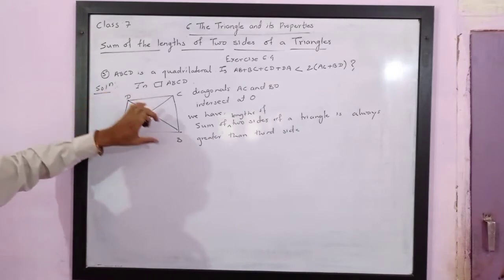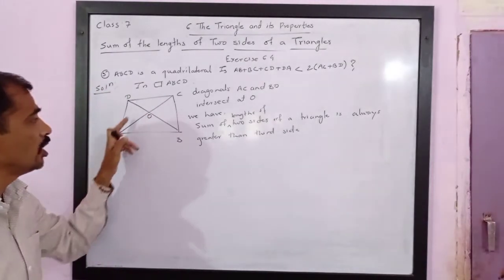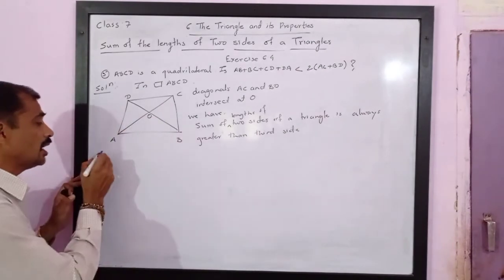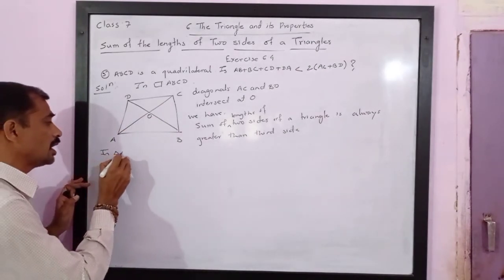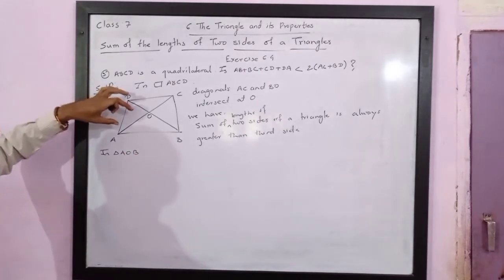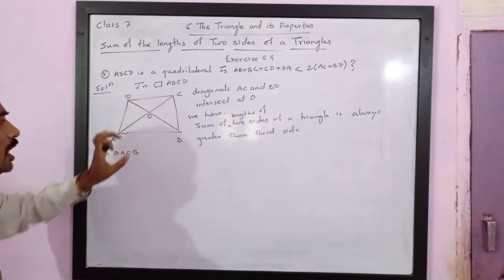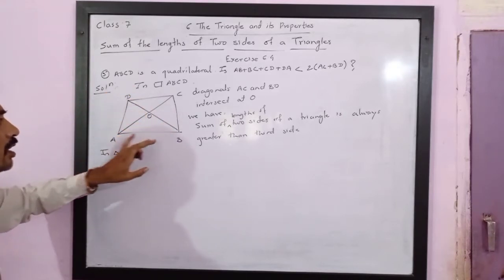Now in triangle AOB, watch carefully, this time I am considering triangle AOB. In triangle AOB, I can say that the sum of two lengths, that is AO plus BO, is greater than the third side.